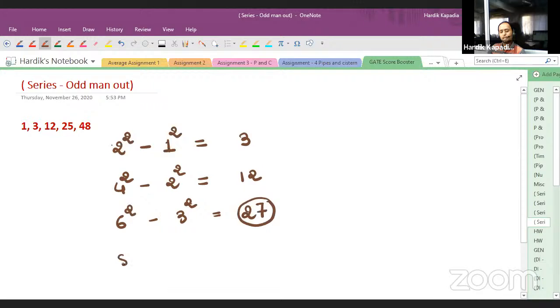And 8 square minus 4 square is 64 minus 16, which is 48.